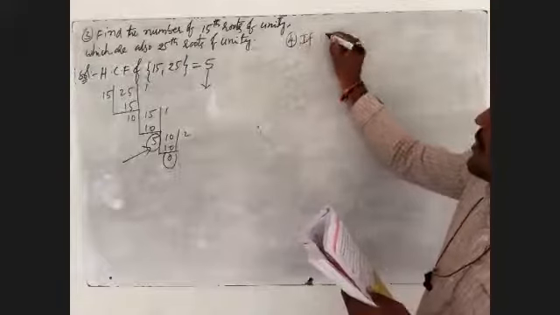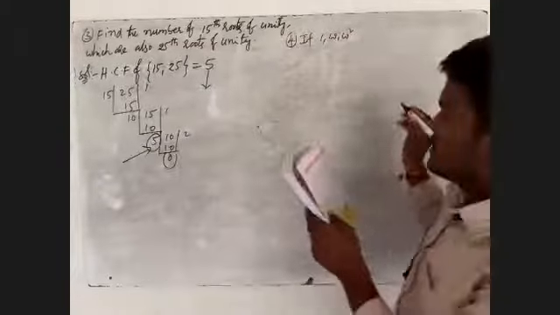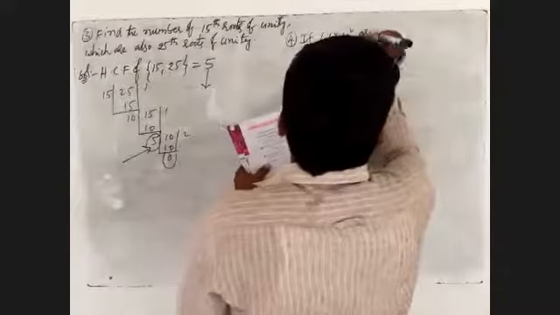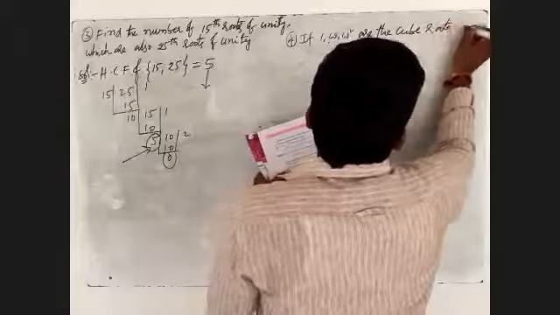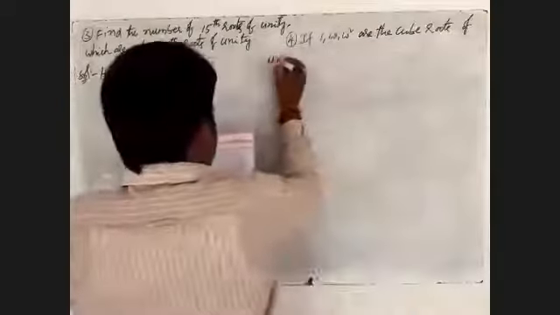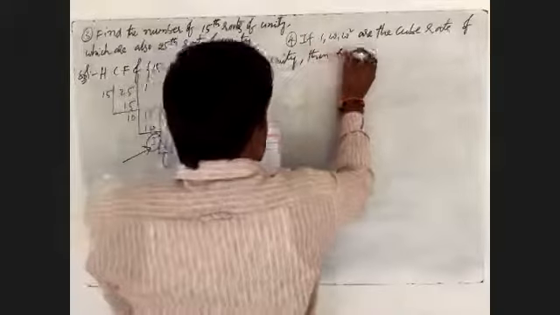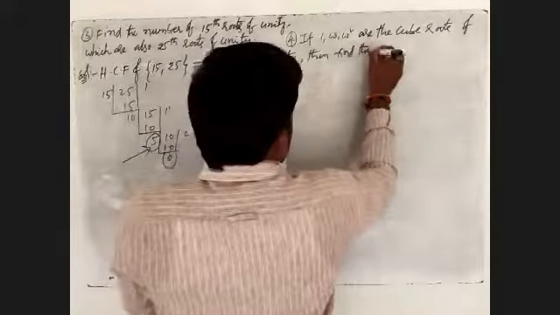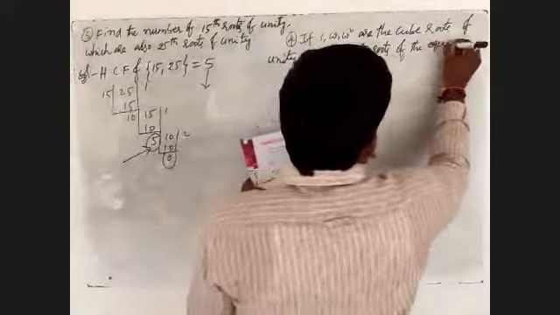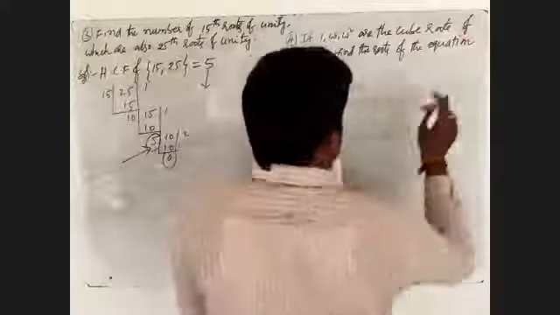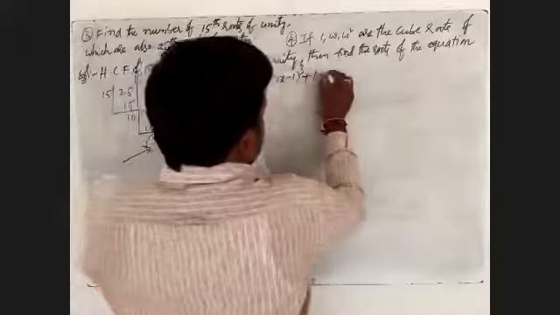If 1, omega, omega square are the cube roots of unity, then find the roots of the equation (x minus 1) whole cube plus 8 is equal to 0.